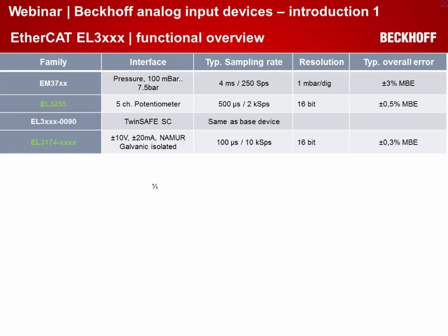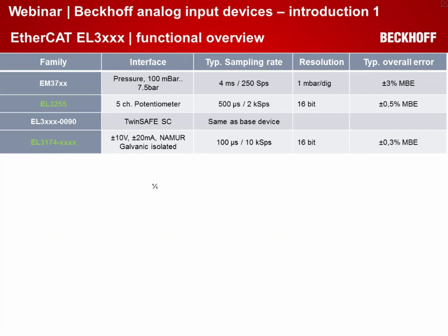But since the K-bus communication is not as fast as the EtherCAT communication, you cannot reach with the K-bus terminals the powerful functions that you can reach with the EtherCAT terminals. And both families, the EtherCAT and the K-bus terminals, are also available in IP67.